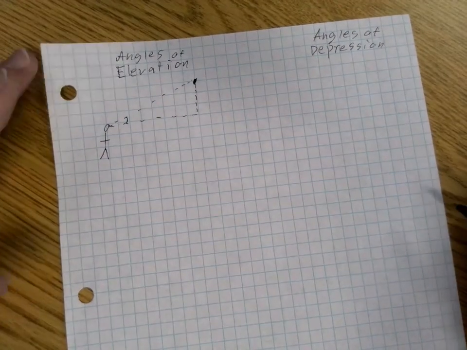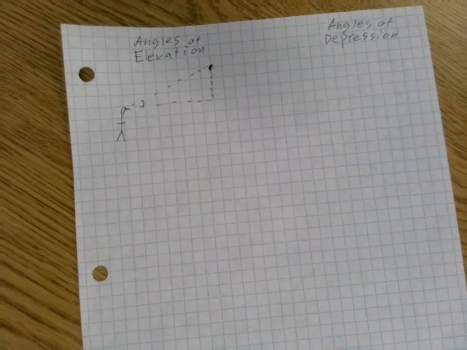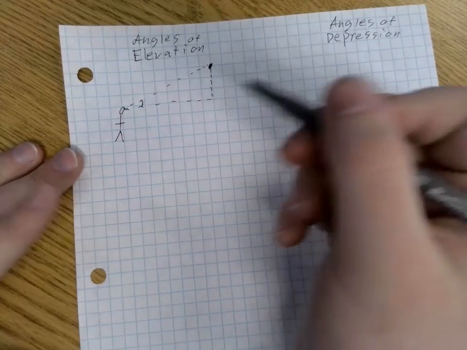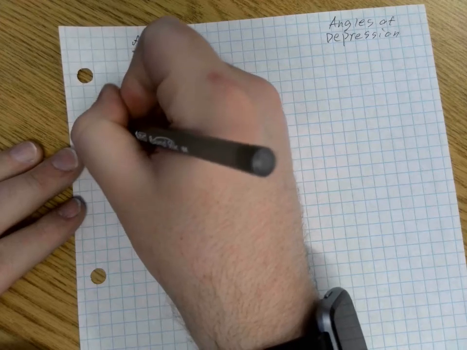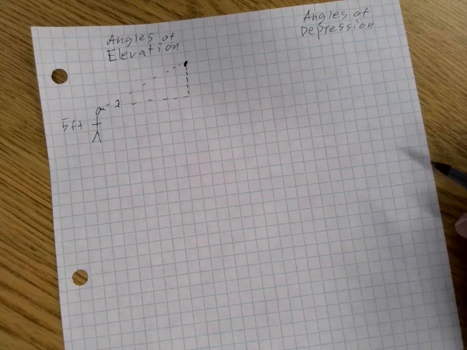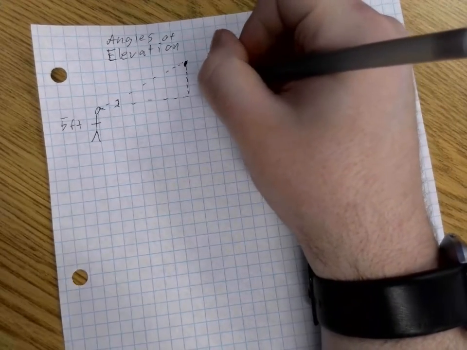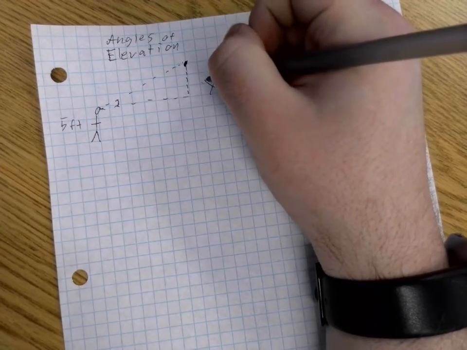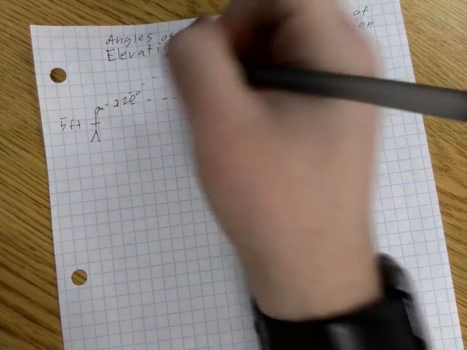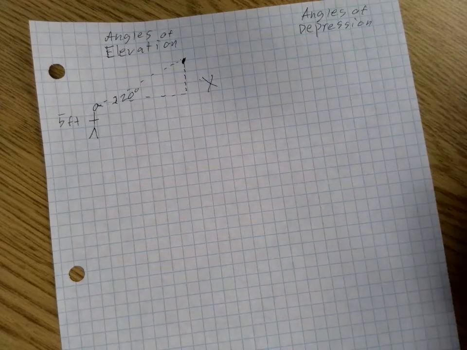So, a common scenario for an angle of elevation is, let's say Carl is about 5 feet tall, and he's looking at the top of a tree that is unknown, and the angle of elevation is 20 degrees, and they want to know, what's the height of the tree, let's say.